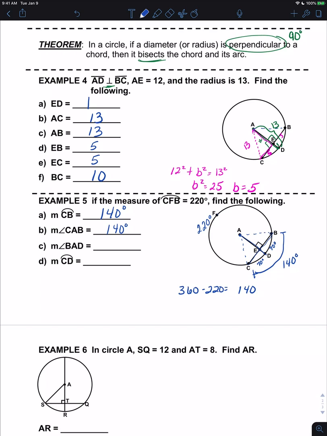The measure of angle BAD, well, we know that A to D is a bisector from those two, so we know that's got to be 70 degrees. It's going to be half of that. And measure of the arc C to D is also 70 degrees.